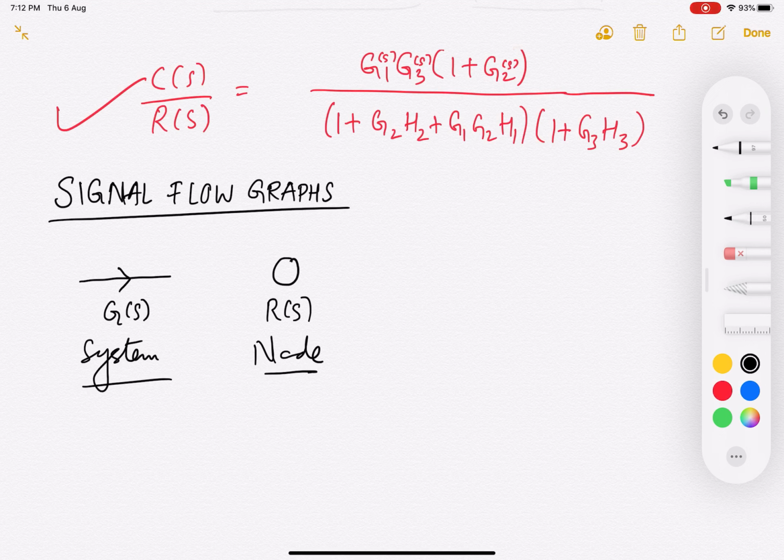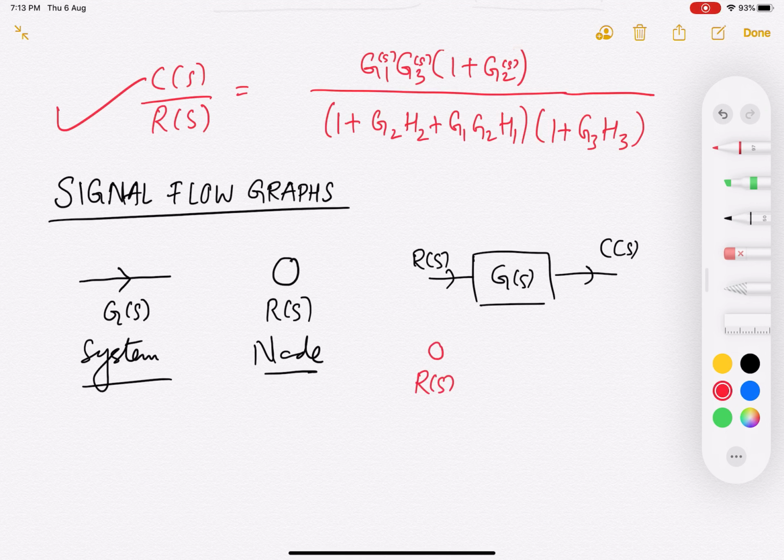If you have R(s), G(s), C(s), where R(s) is the input, C(s) is the output, and G(s) is the system, you'll draw two nodes, R(s) and C(s), and G(s) is normally written on top of the branch, with the signal at the bottom.